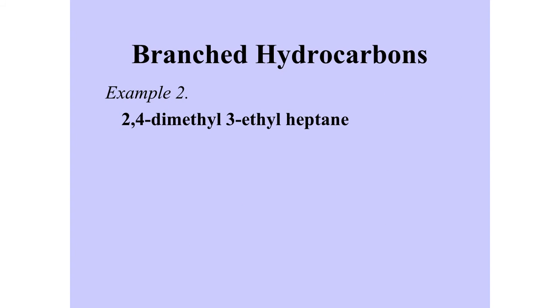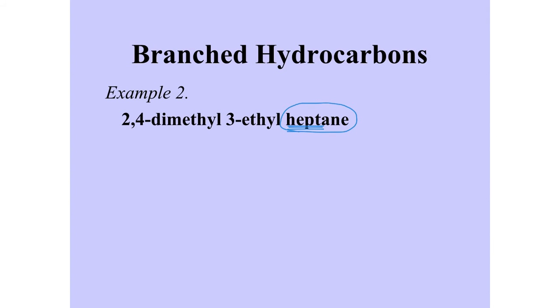Here is our next example. We have 2,4-dimethyl-3-ethylheptane. Again, when you look at that, that looks very overwhelming, but we're just going to dissect this one part at a time. So we start with the heptane part. Specifically, we start with hept.